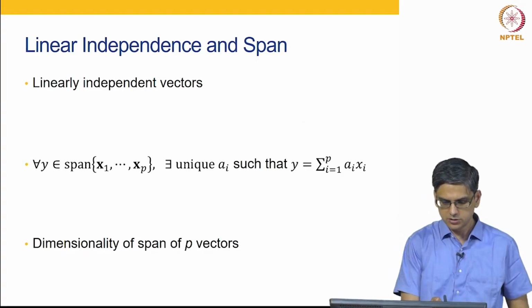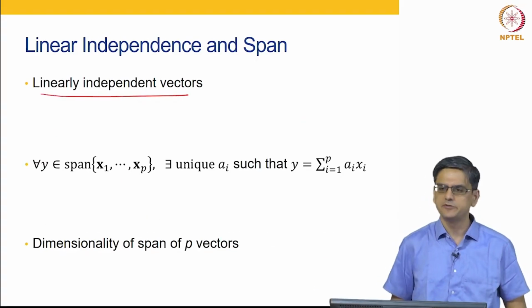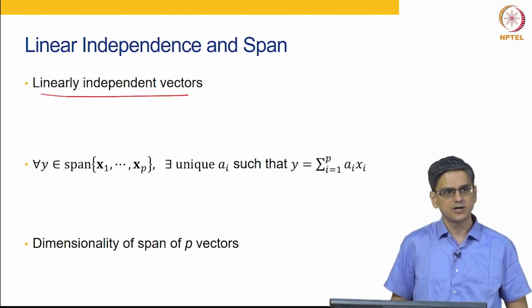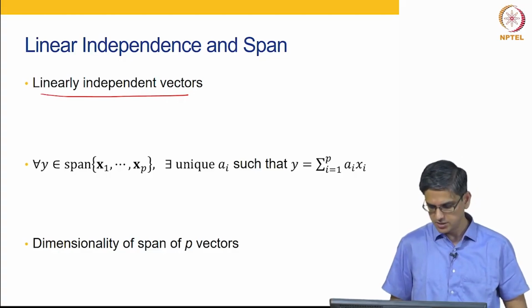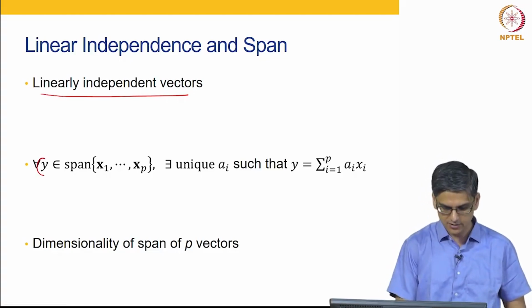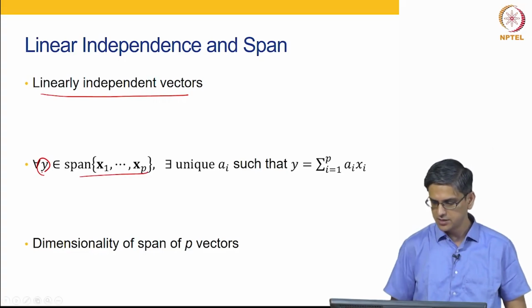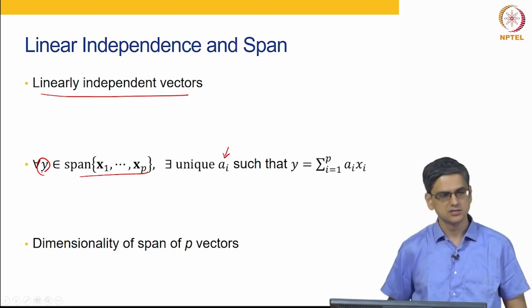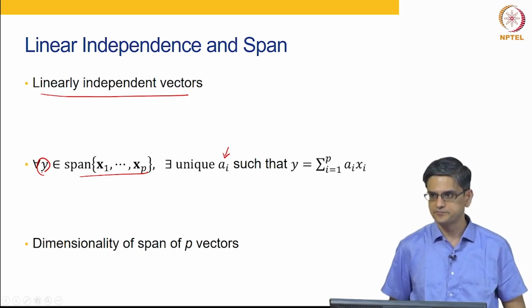Okay, so with linearly independent vectors, we have already defined them. If x1 to xp are linearly independent, then any vector y that is in their span can be represented uniquely as the linear combination.